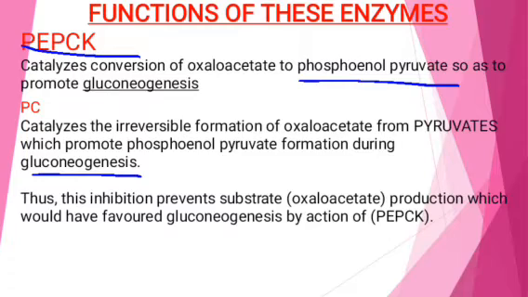Thus, this inhibition prevents substrate production, which is oxaloacetate, which would have favored gluconeogenesis by the action of PEPCK. So, like we said, inhibiting any of these enzymes can prevent gluconeogenesis from occurring.